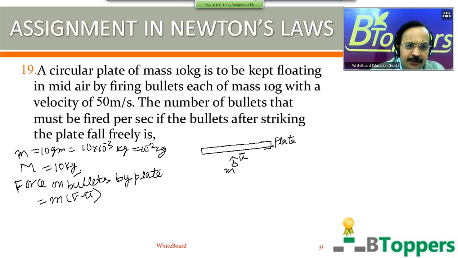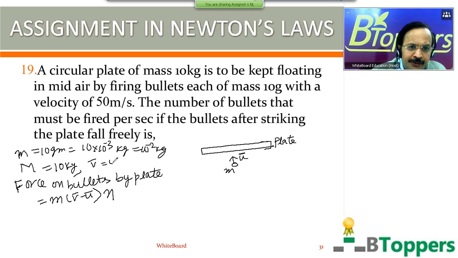U bar is the velocity of the bullet just before impact with the plate. Let n denote the number of bullets that strike the plate per second. So the change in momentum of bullets per second, or rate of change of linear momentum of the bullets, is the change in momentum of one bullet due to impact with the plate into the number of bullets that strike the plate per second.